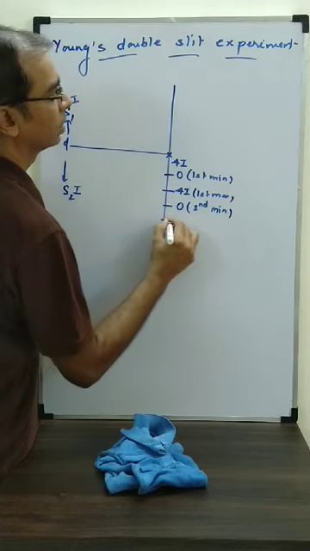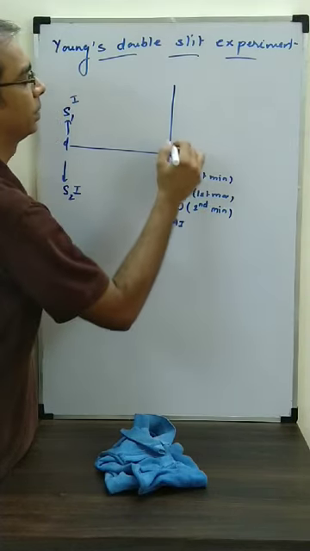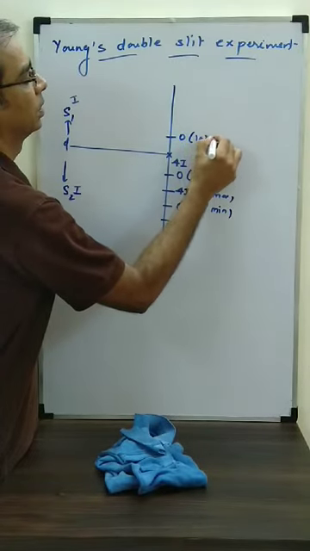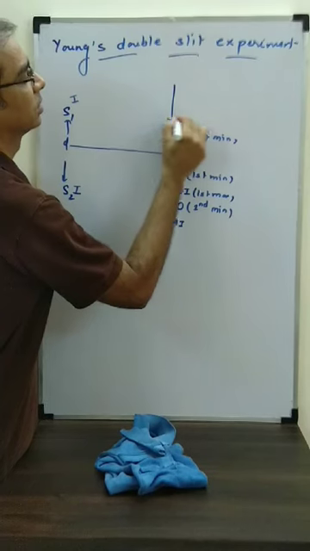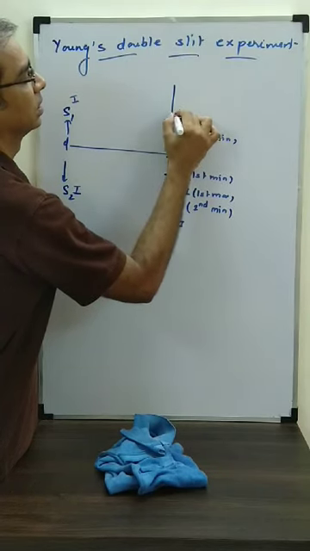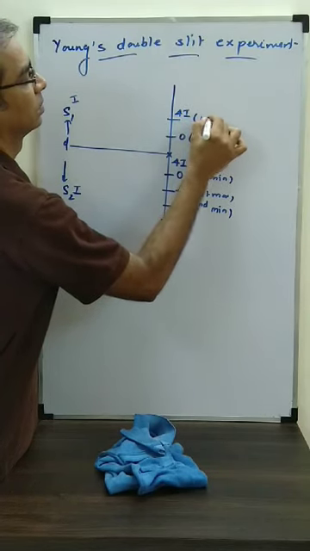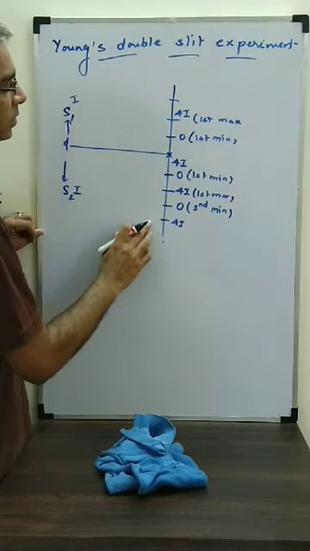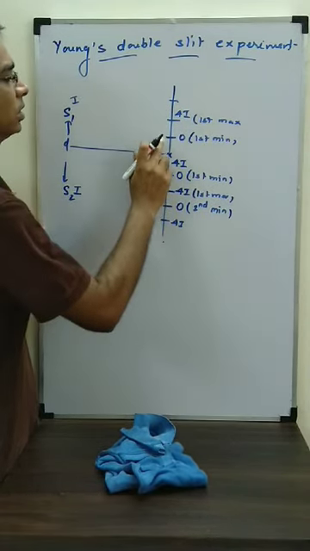Then again 4I. The same way up: this is 0 intensity, first minima, first maximum with intensity 4I. Again minima. So it goes 4I, 0, 4I, 0.